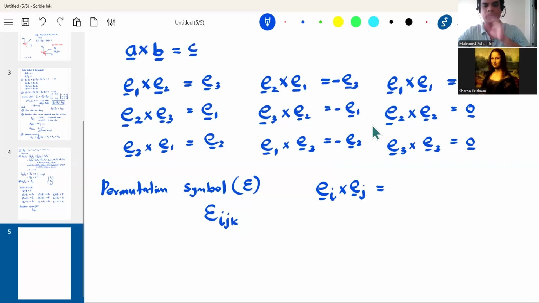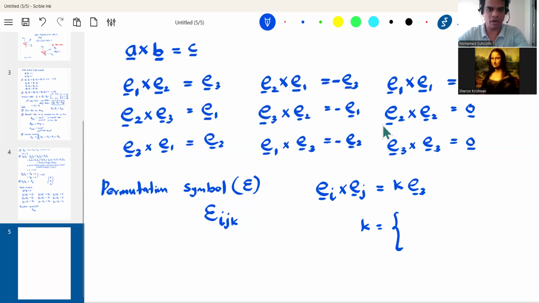That means E1 cross E2, I'll get another vector, E3. So here I have to get one constant, K. Why am I putting K here? You see that the constant is +1 here, -1 here, 0 here. Now how am I going to define the K?